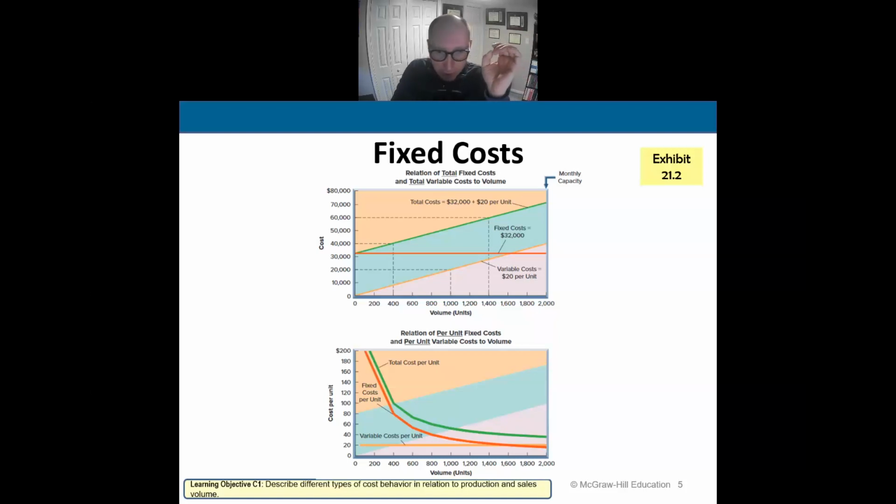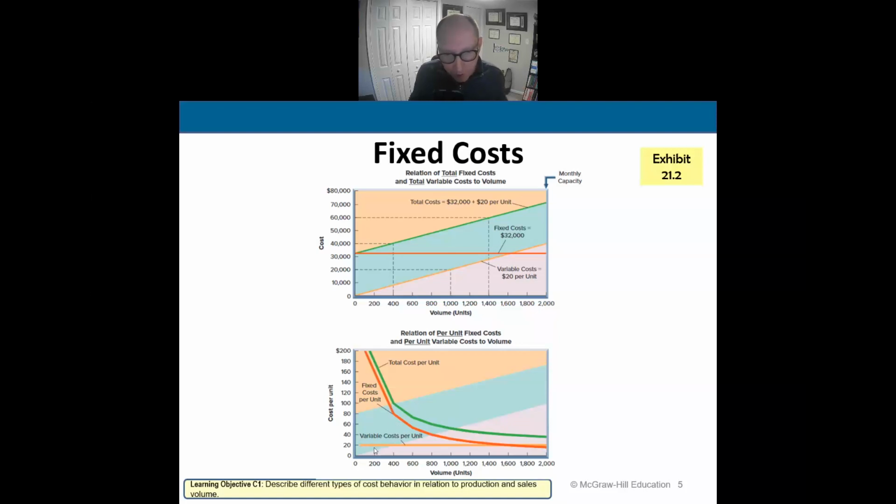Now let me show you this relationship. So per unit fixed cost and per unit variable cost based on production volume. Remember, as we move to the right of this graph, the volume is increasing. We see a very interesting relationship here.